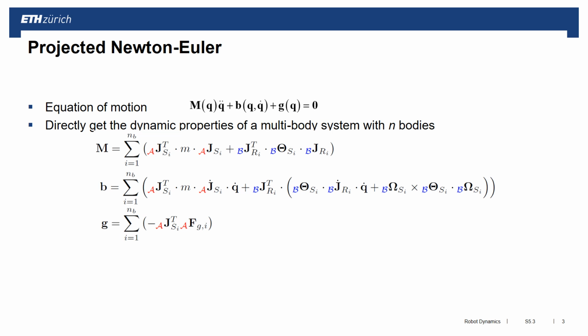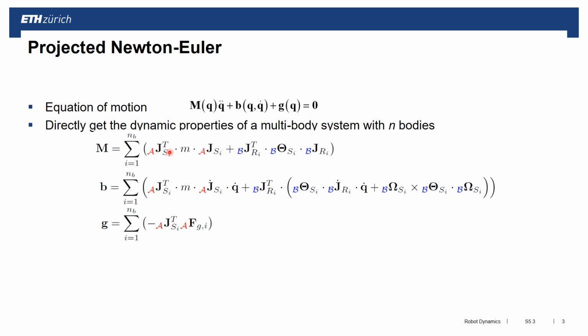To sum this up, what we have derived now is the equations of motion in the form of M q double dot plus b plus g equal to 0, so dynamic equilibrium, where these mass matrix, Coriolis, and gravitational parts are given through this formula that we have here.